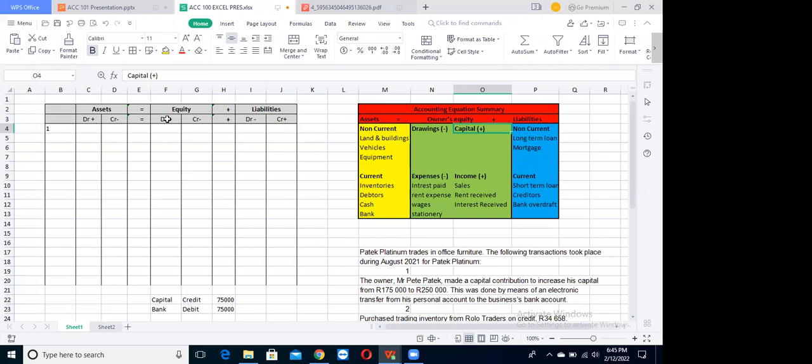Okay, so capital has an impact of increasing the owner's equity. Owner's equity must have a credit balance.